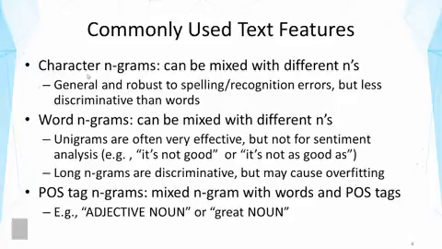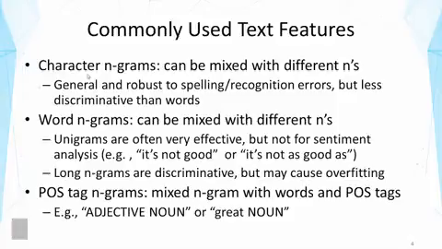So next we have word n-grams, a sequence of words. And again, we can mix them with different lengths. Unigrams are actually often very effective for a lot of text processing tasks, mostly because words are well-designed features by humans for communication. So they are often good enough for many tasks, but clearly not sufficient for sentiment analysis.